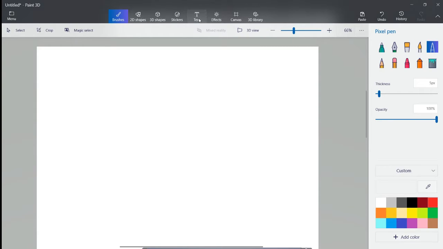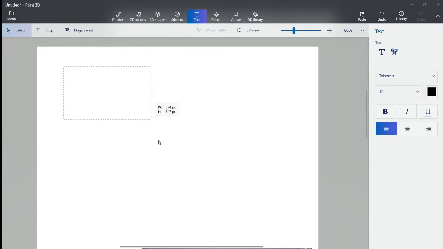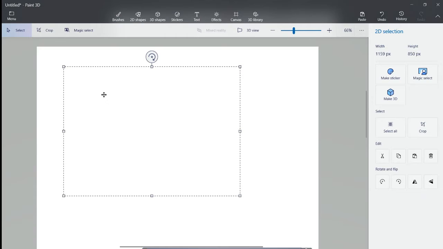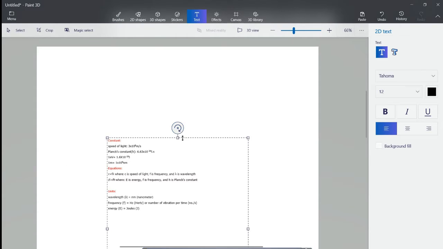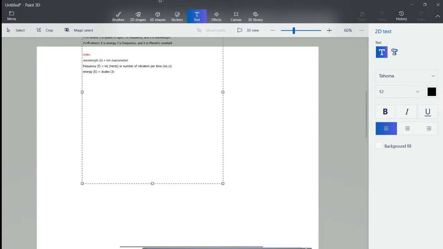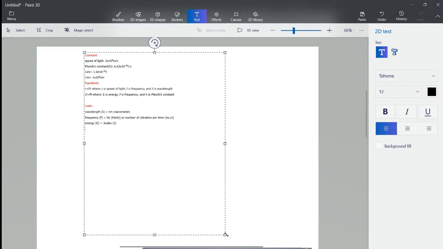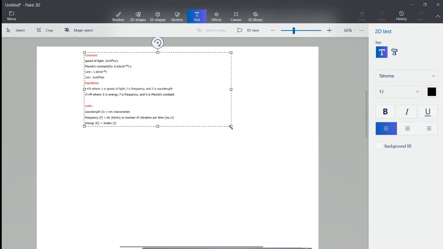So we have the constants, units, and equations. Let's copy this and put it in our text, Word.